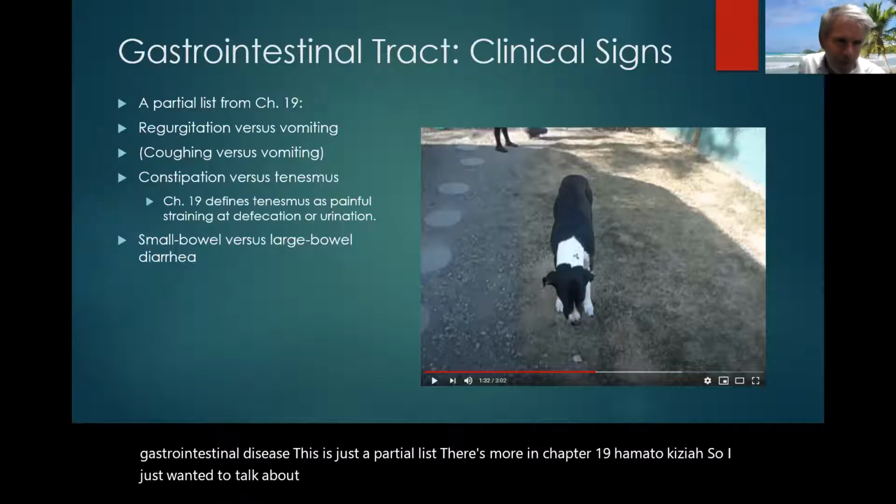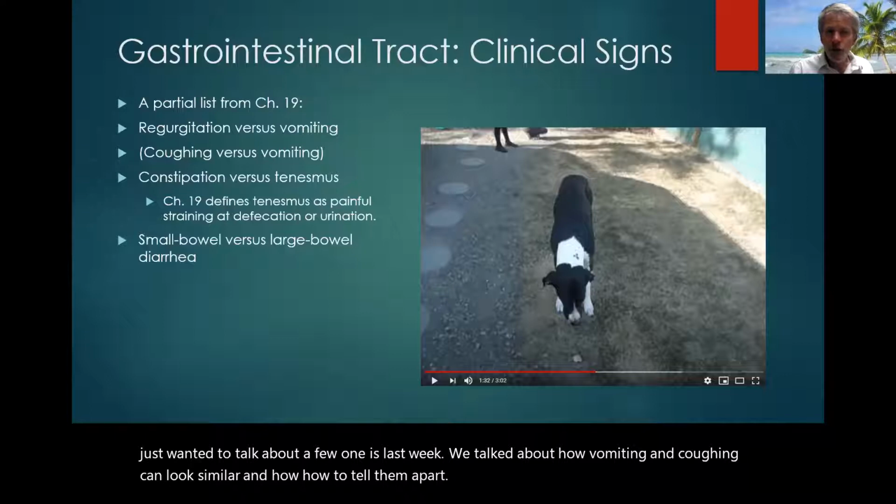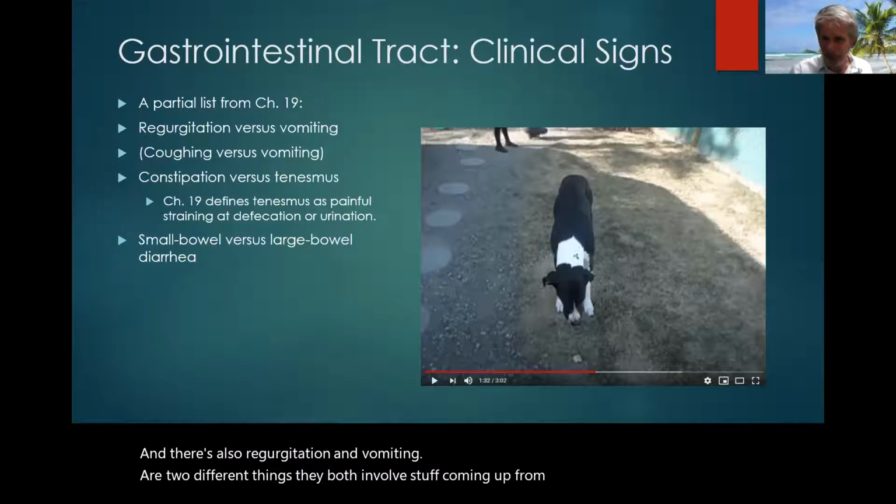One is, last week we talked about how vomiting and coughing can look similar and how to tell them apart. There's also regurgitation. And regurgitation and vomiting are two different things. They both involve stuff coming up from the digestive tract, but regurgitation is a passive event.